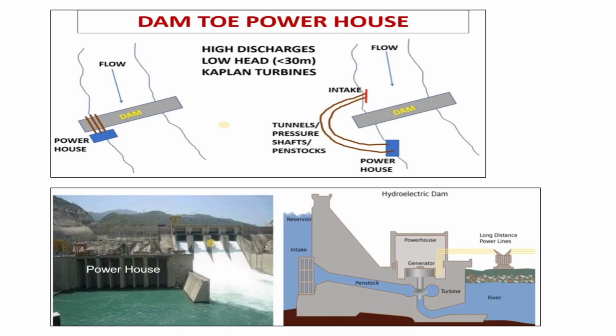As explained before, selection of the dam site requires consideration of the proposed project layout. Here, we will see different project layouts. We all know that the project layout is different for hydropower dams and irrigation supply dams. Here we see the layout of a dam toe powerhouse. This type of layout is possible in 2 ways as shown in the image.